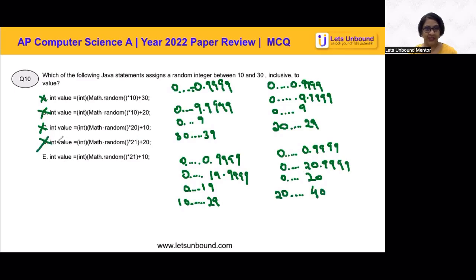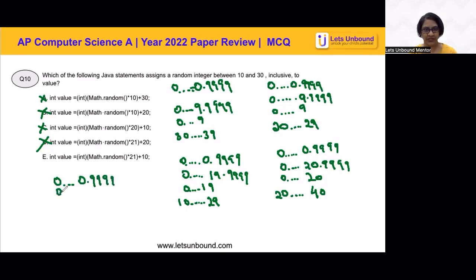Let us evaluate option E now and be positive. Because if this is not correct, we are going to be in trouble. All right, so let's evaluate option E. The initial range is 0 to 0.9999. Now we will multiply it by 21.